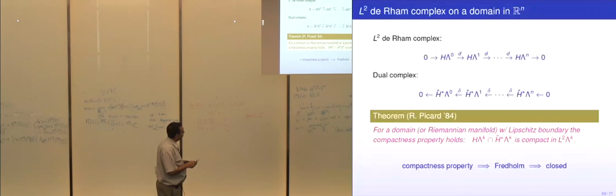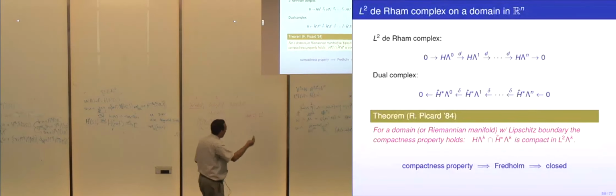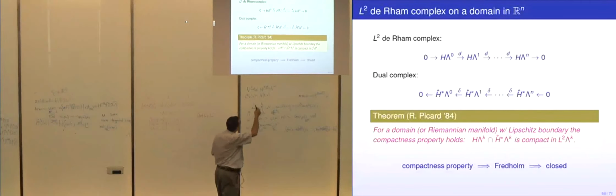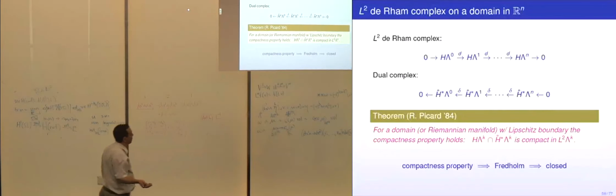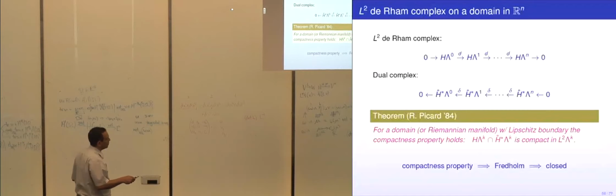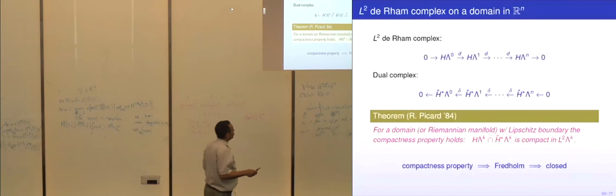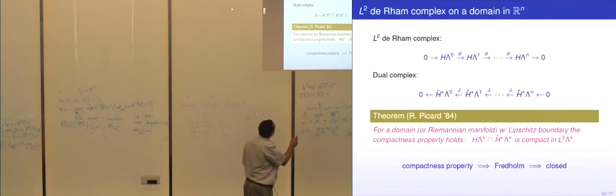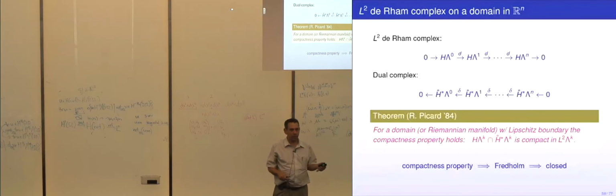That's because the compactness property implies that the harmonic forms are compact in themselves. The inclusion of the harmonic forms is a compact operator, and that means the harmonic forms have to be finite dimensional. So it's Fredholm, and a Fredholm operator is always closed. So now we have good news. This de Rham complex is a closed Hilbert complex.